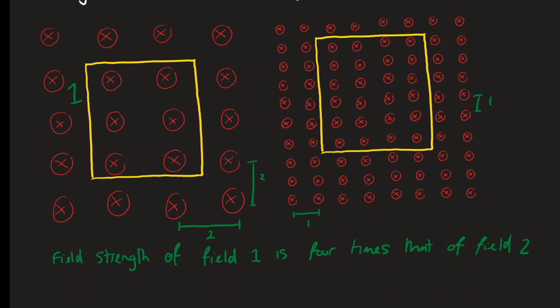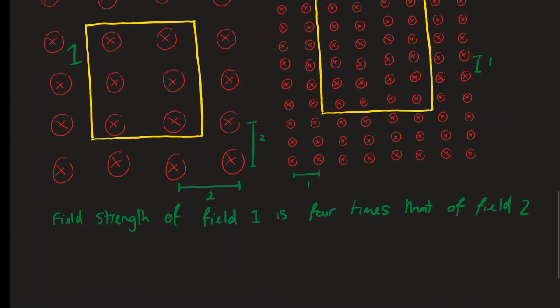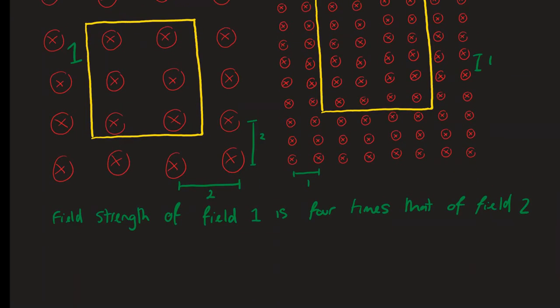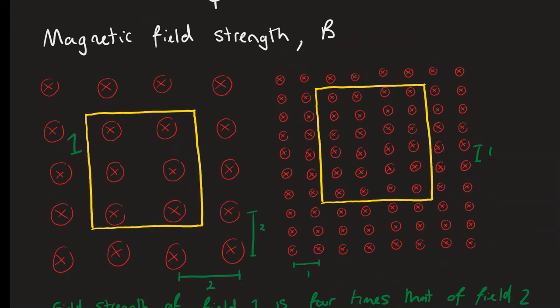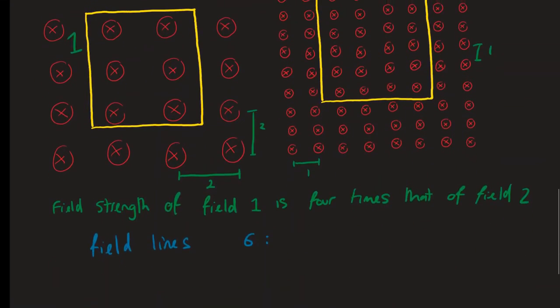Let's then look at the amount of flux passing through, and the only way we can really do that is look at the number of field lines going through each one. So there are 6 field lines going through the first, and then going through the second we've got 4 by 6, 24 field lines passing through that.